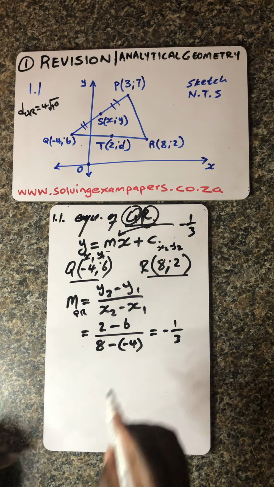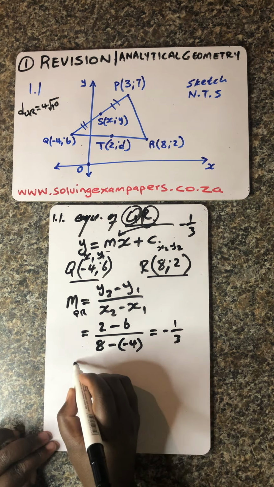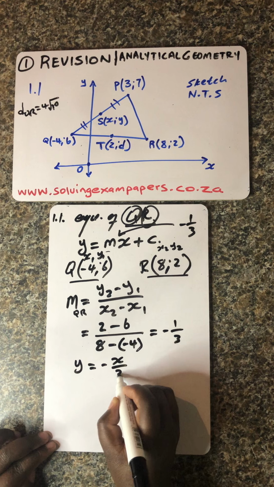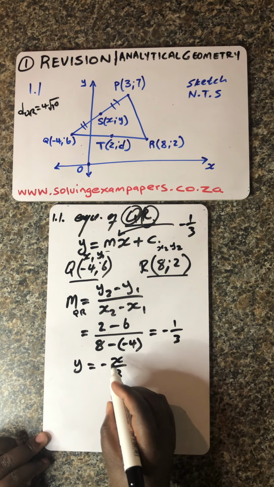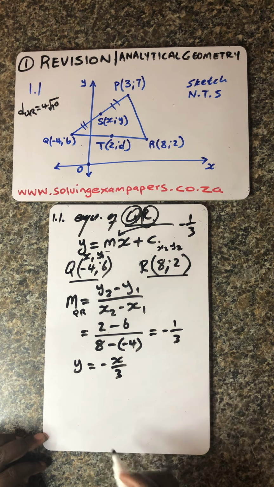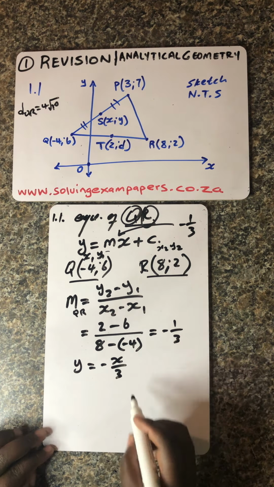So remember guys, now we've got y equals negative 1x over 3. This is still the same as negative 1 over 3, or otherwise, just so that you're not confused, you can still write it as negative 1 over 3x, then plus c. Very, very much important.